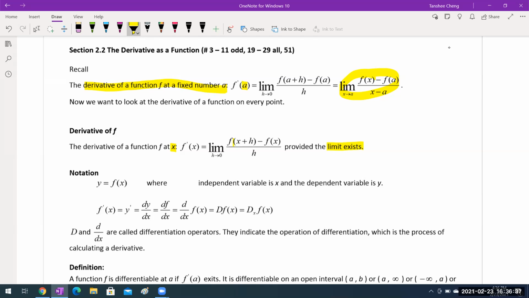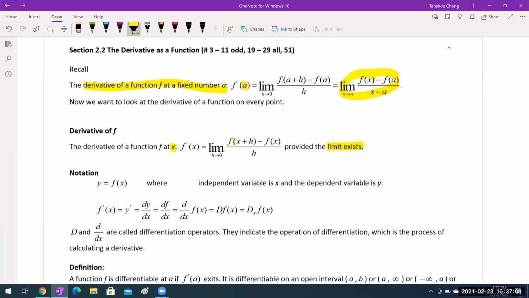Okay. Then the notation that we can use is not only f prime. If we have equations, later on we're going to talk about implicit differentiation. Then if we say that y is a function of x, right? y equals f of x, then we can denote the derivative of the function as y prime, or dy over dx, or df over dx, where f is the name of the function, or d dx f of x.